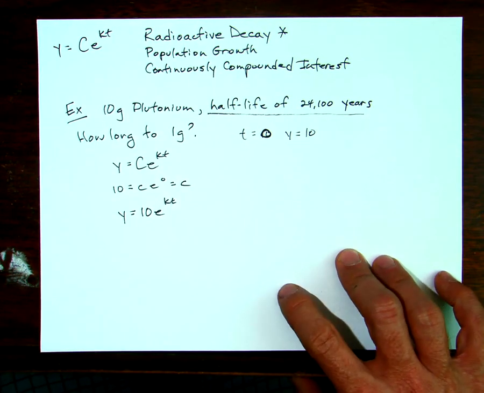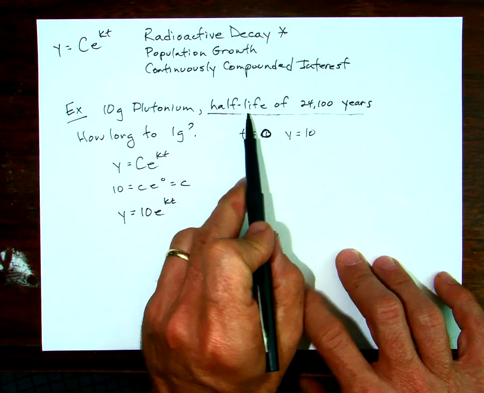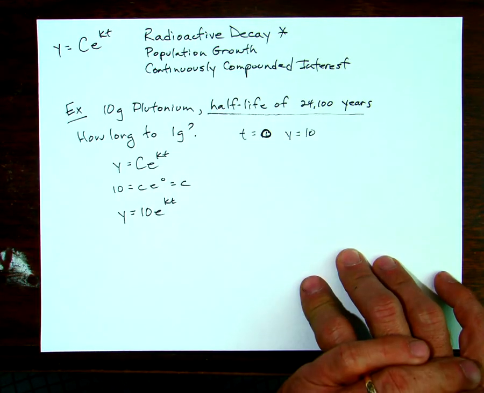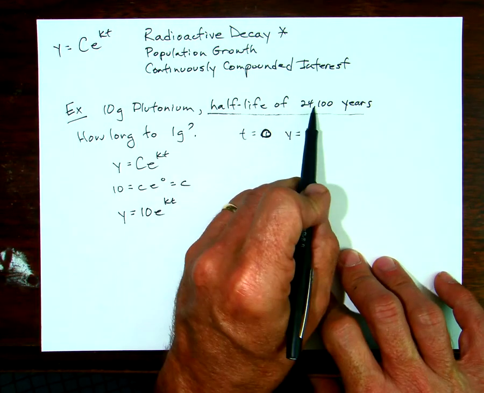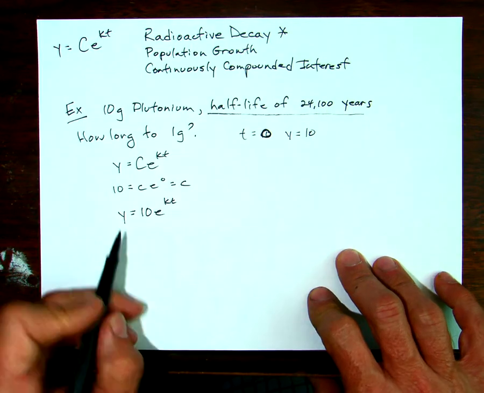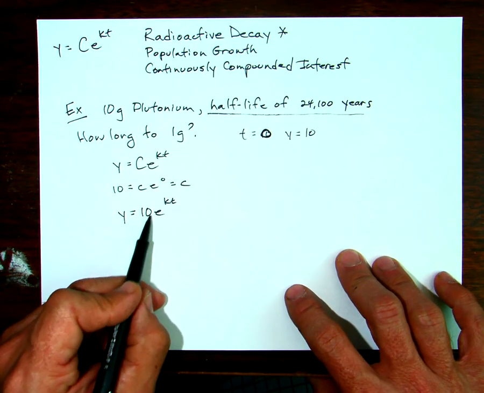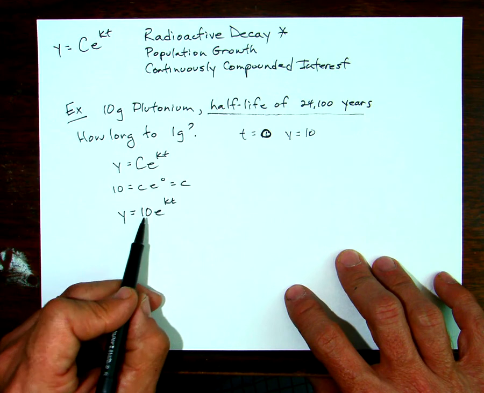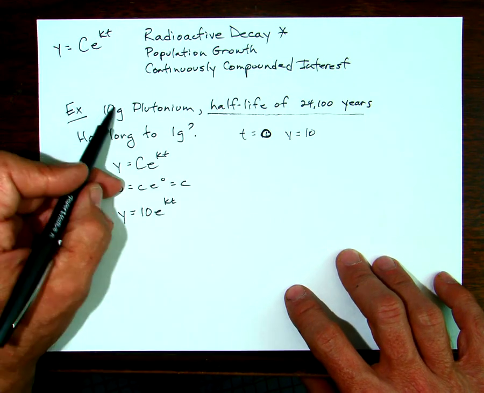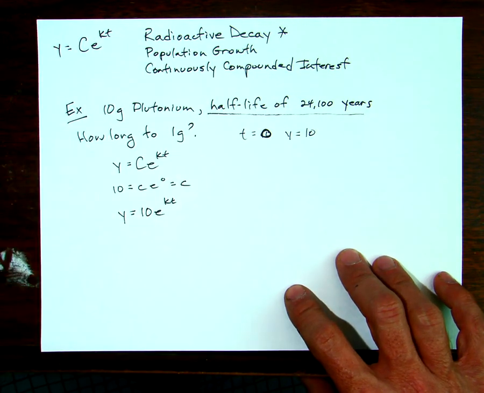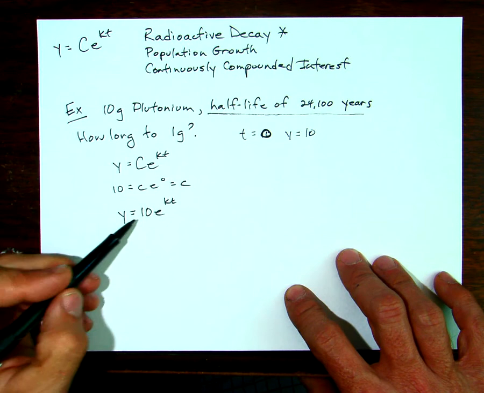There's another point that we get from the information about the half-life. That tells me that when t equals 24,100, I'll have 5 grams left. And I don't actually need to know that number. Even if I didn't know it was 10 grams, I could just say it's going to be half of whatever c is.